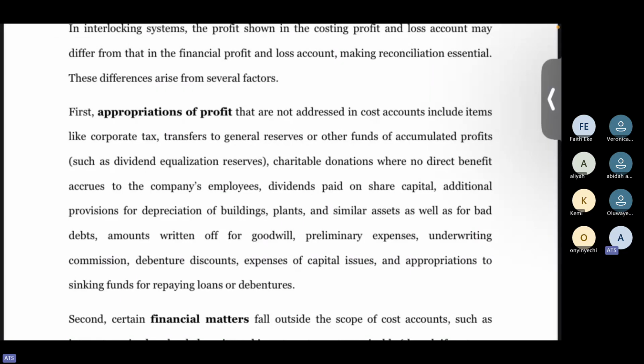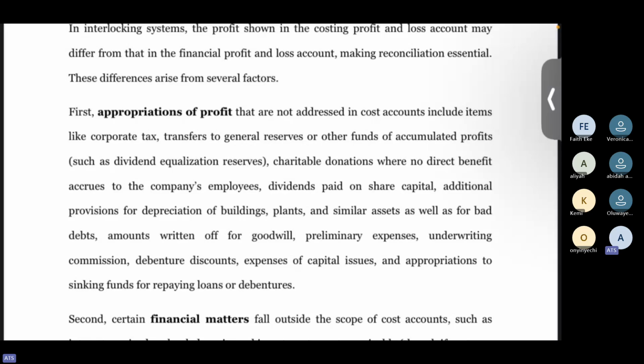When you prepare your statement of profit or loss under financial accounting, out of that profit you pay dividends. If it is a group of companies, you probably pay the parent company a certain amount. If you have to pay tax, you give the government its share. You probably also send some part of the profits to reserves. Whatever is left is what you report as your net profit.